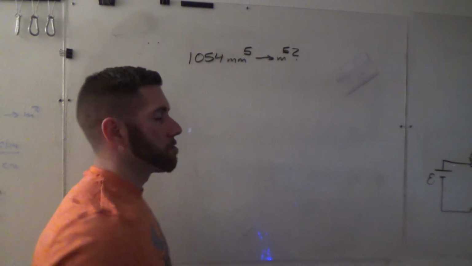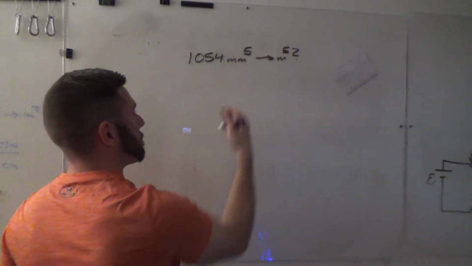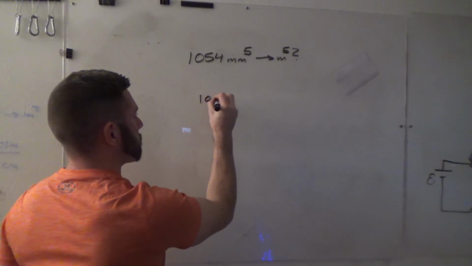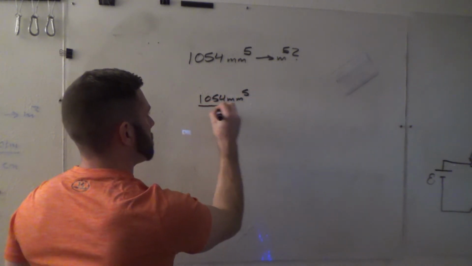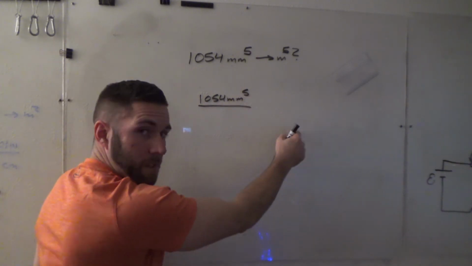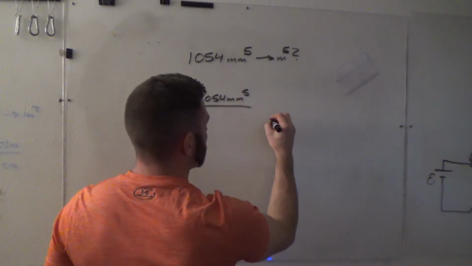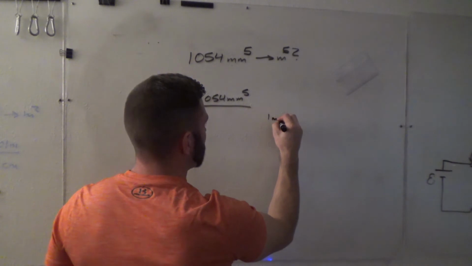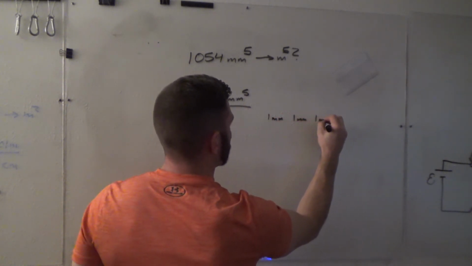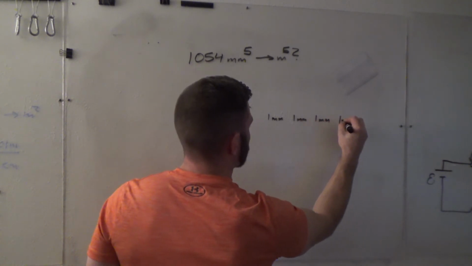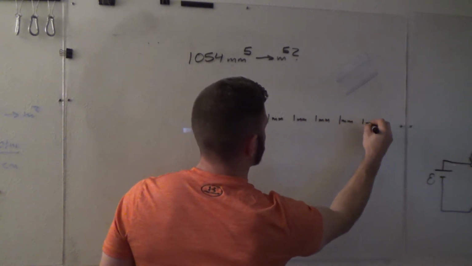How do you do it? Once again, the number up here matters. First, write out your original number. You have 5 up here, you need 5 down here. So, 1 millimeter, 1 millimeter, 1 millimeter, 1, and 1 more.